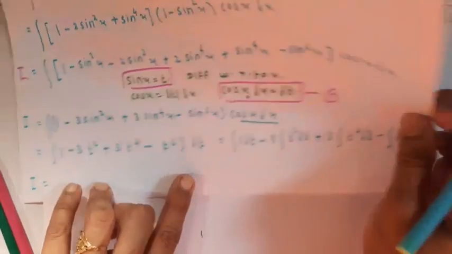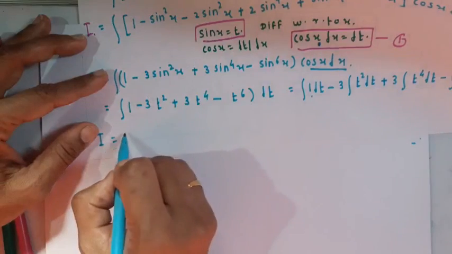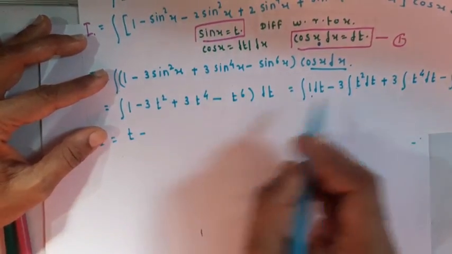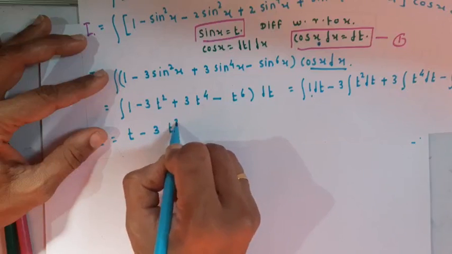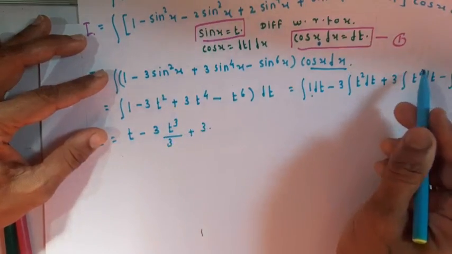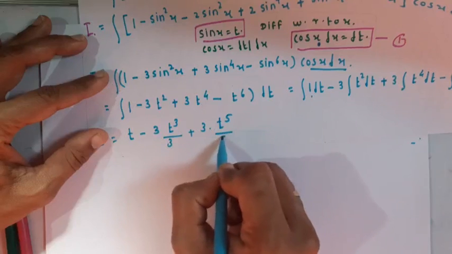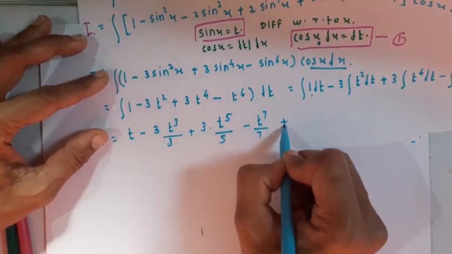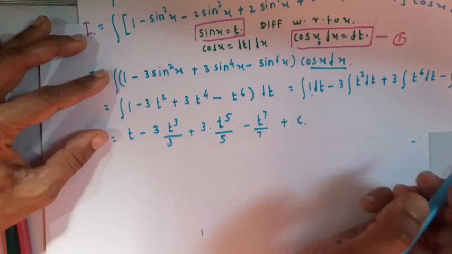Hence integration I equals integration of 1 is t, minus 3 as a constant, integration of t square is t raised to 3 upon 3, plus 3 as a constant, integration of t raised to 4 is t raised to 5 upon 5, and minus t raised to 7 upon 7, plus constant of integration c. Resubstitute the value of t.